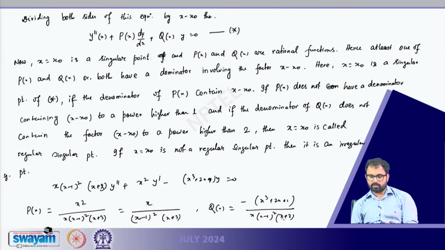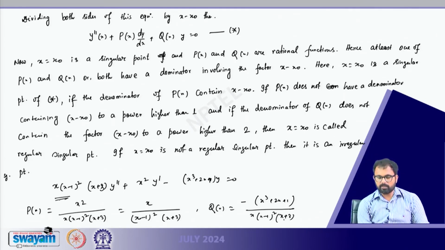So, here we can see that x equals to 0, x equals to 1 and x equals to minus 3 are the singular points, right. Except them, all the points are regular points.